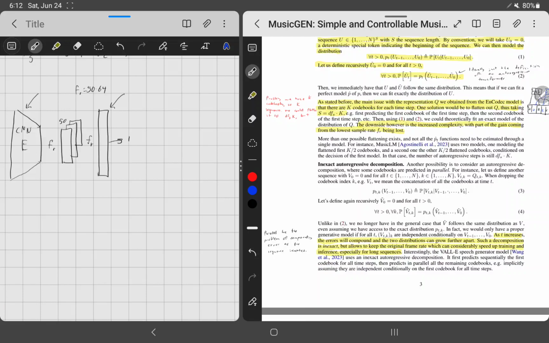and then we apply residual vector quantization. And residual vector quantization transforms this vector from a continuous space to a discrete space. And remember, the goal of MusicGen is to model stuff using discrete tokens. So the first thing we have to do is take our audio and put it in a discrete format.